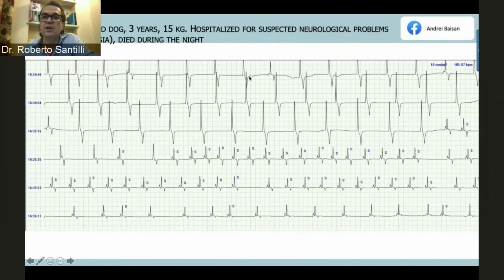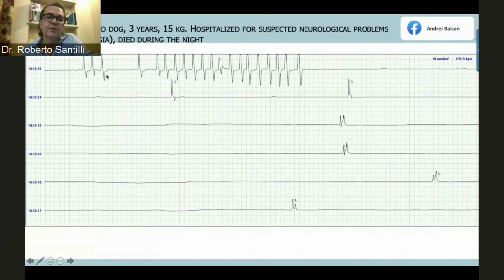Then after this long period where you have a very slow ventricular escape, suddenly you go back with a junctional rhythm, and then it's probably isorhythmic here because you have P and QRS complex very close, so it's probably a junctional rhythm. And then after a round of VTAC, you get asystole and electromechanical dissociation.